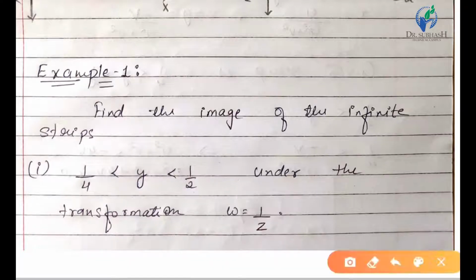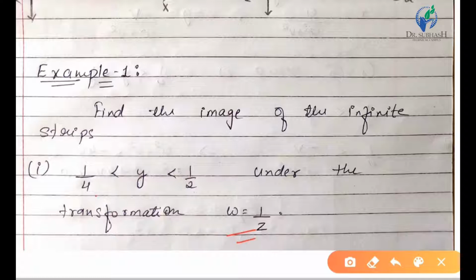See, we will see one example. The question is, find the image of the infinite strip 1 upon 4 less than y less than 1 upon 2 under the transformation w equal to 1 upon z.